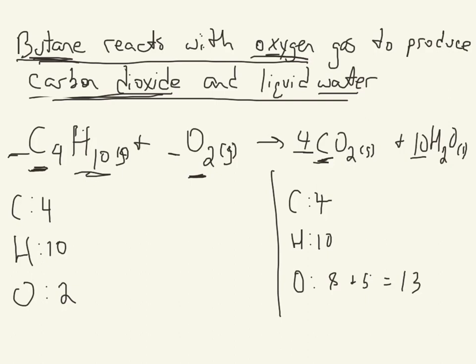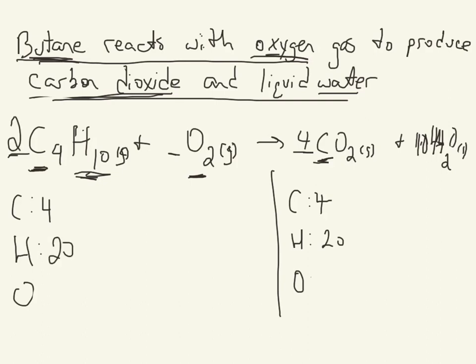Now that's going to affect my hydrogens also, because before I had 10 and 10. Now, however, on my product side I have 10 times 2 is 20. Now, I need to have 20 on my reactant side, so the easiest thing to do to get 20 would be to put a big 2 in front of here. Now I have 20 and 20.